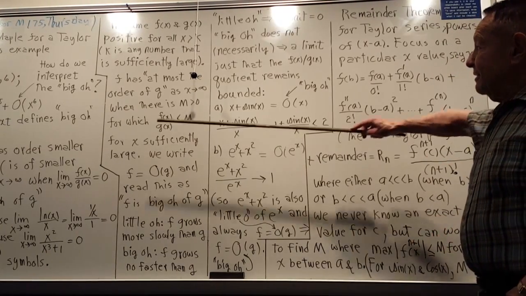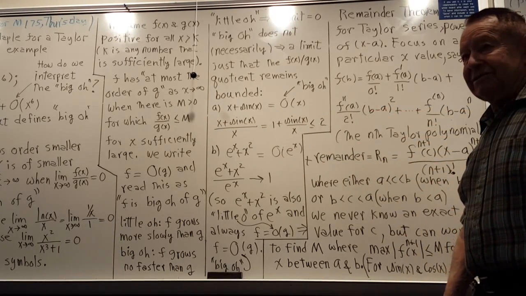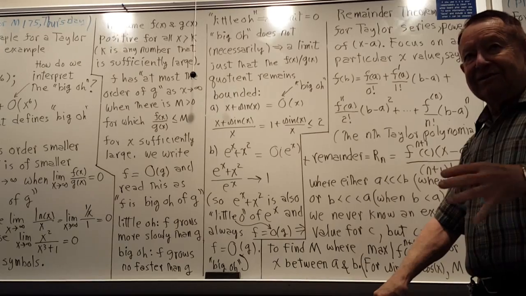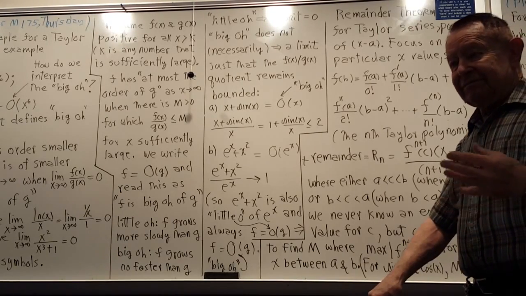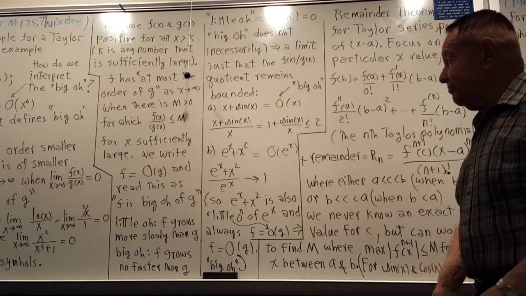So something like that, you see there's an M because the absolute value, say, of sine is less than or equal to 1, but there isn't a limit, single number or symbol.